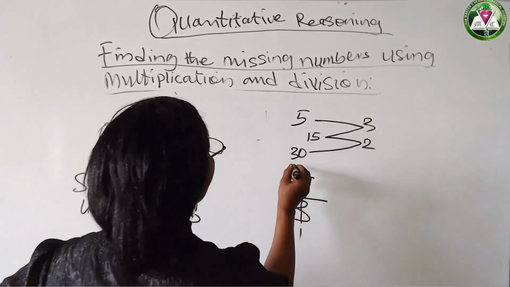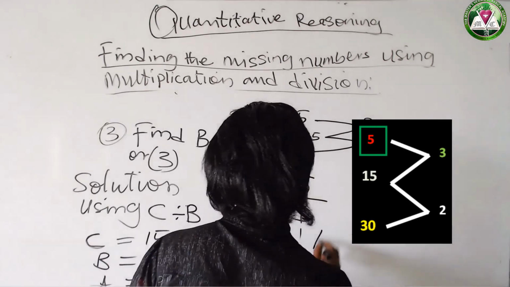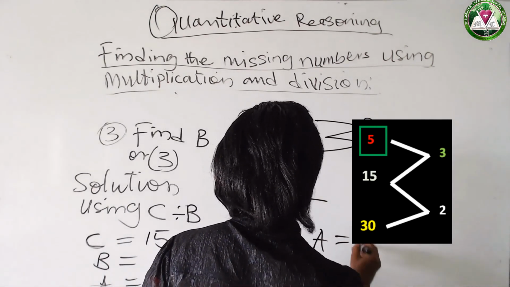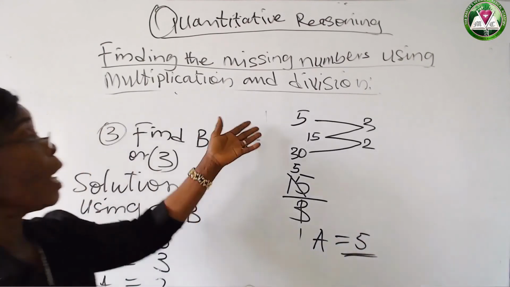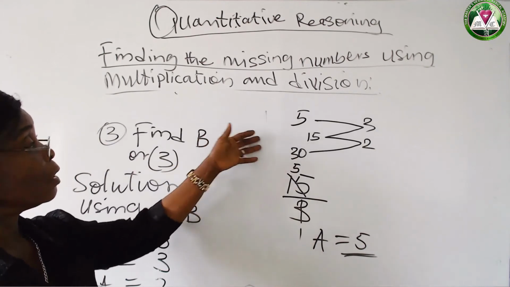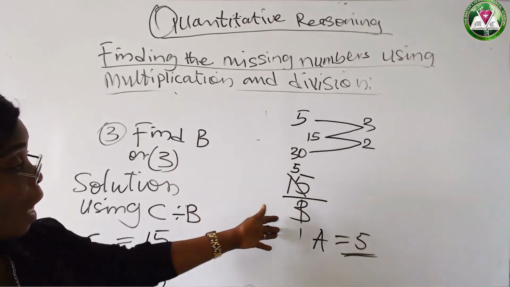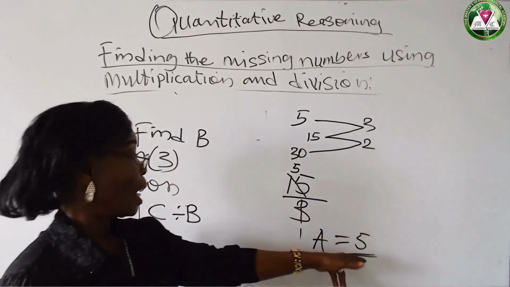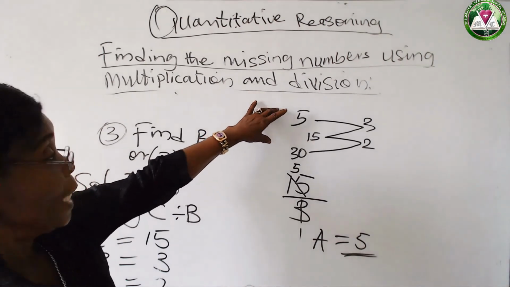Good. The answer is 5. Have we seen that? So A is equals to 5. We have seen that we are able to get 5 by substituting the letters with the figures, and that has given us 5, which is the value of A.